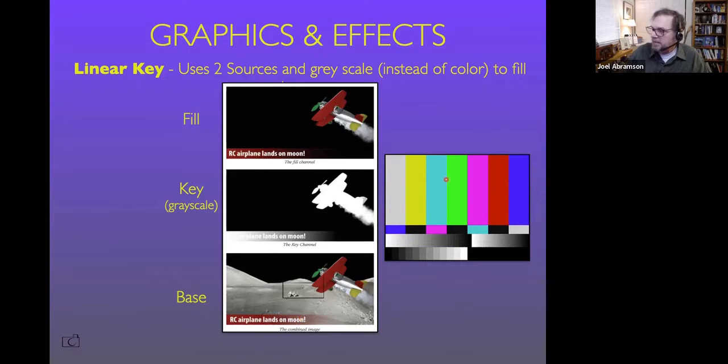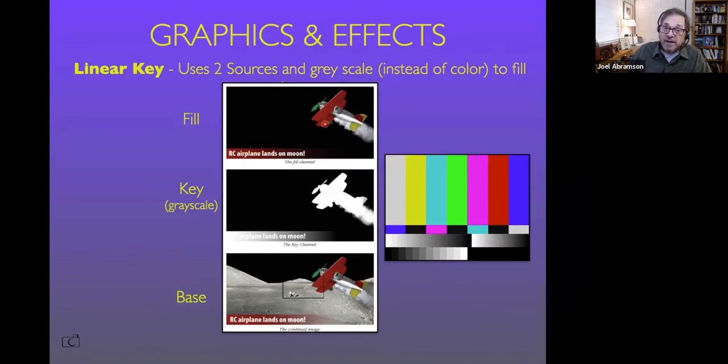Remember, we've got our color bars that we use in our productions. This color bar actually has 2 levels of grayscale in here too. So at some point, the engineer sets a level of grayscale to use for these pictures. So here's our fill picture, and notice our fill picture, the radio controlled airplane has a green propeller.